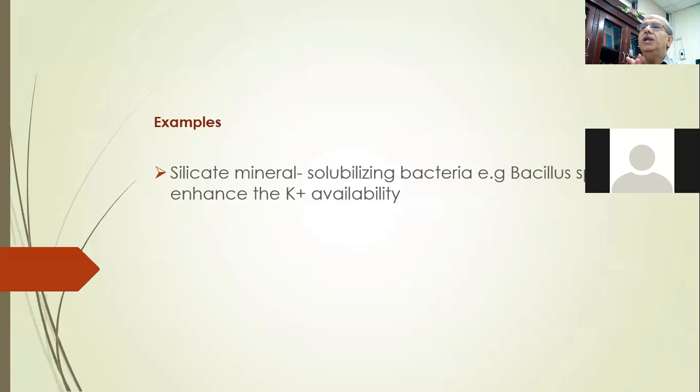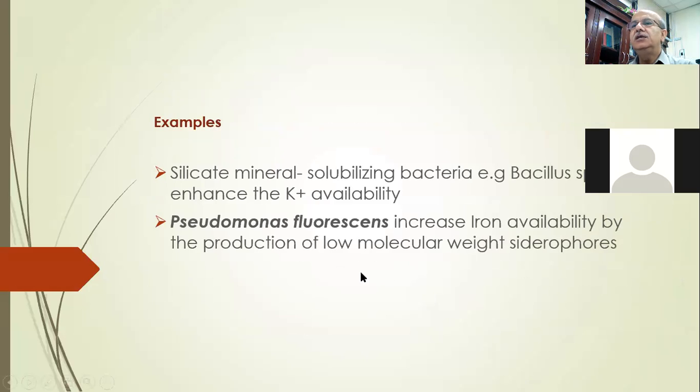Then there are silicate mineral solubilizing bacteria, which solubilize the silicate minerals. You know, the silicate minerals have potassium in them. So these bacteria, and their example is Bacillus, improve the potassium availability in the rhizosphere. And Pseudomonas fluorescens increases iron availability by the production of low molecular weight siderophores.